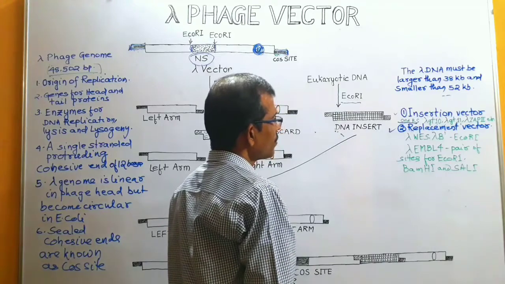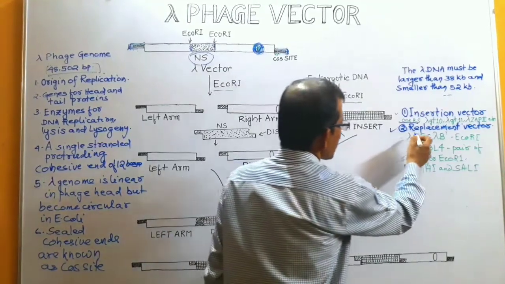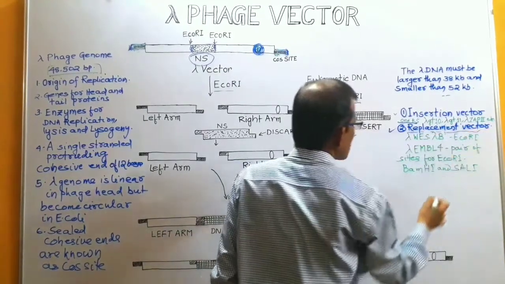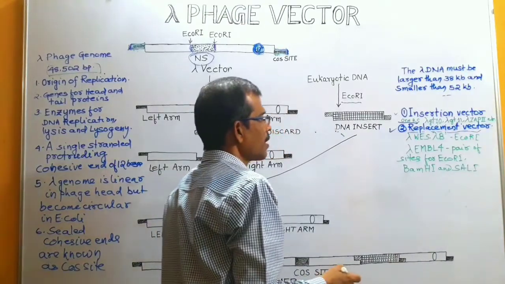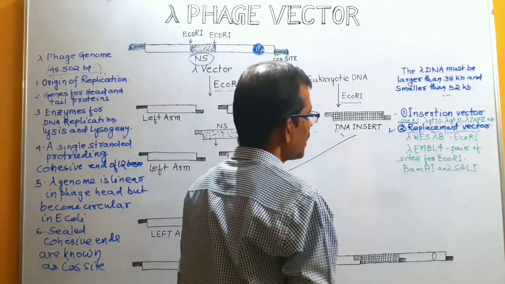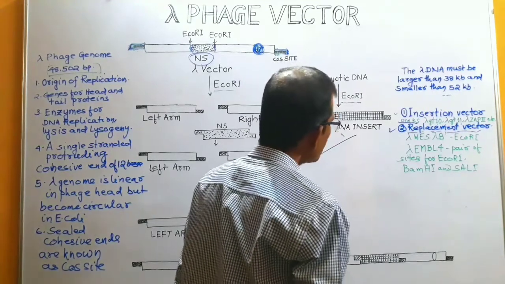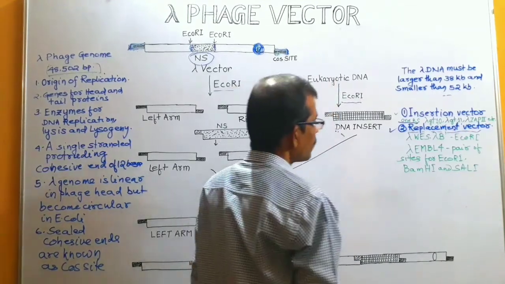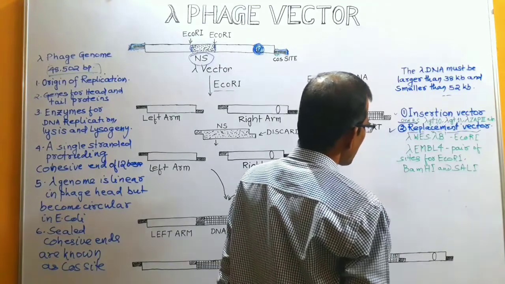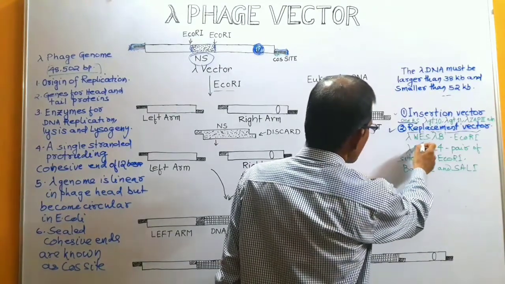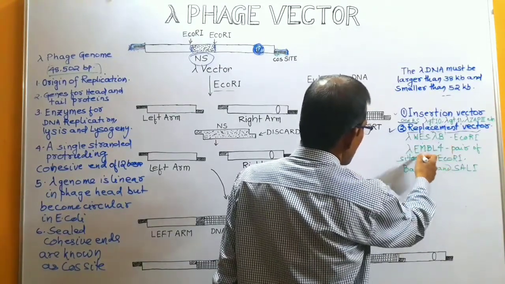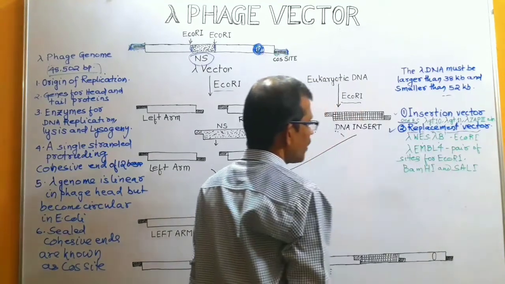The other type of lambda phage vector is known as replacement vector. In replacement vector, the entire non-essential segment is removed. Examples of replacement vector are lambda WS, lambda B, lambda EMBL4.